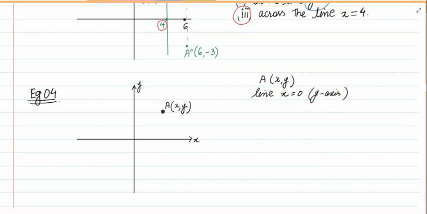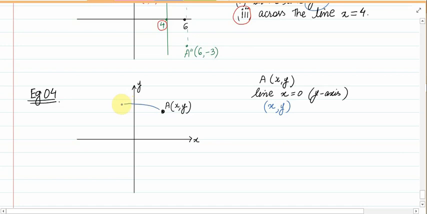And you observe that in the last couple of questions, if you reflect this point, it will be on the negative side, right? The coordinates of this point: y remains the same, but x is negative. So that means x, y after reflection across the y-axis will be minus x comma y.